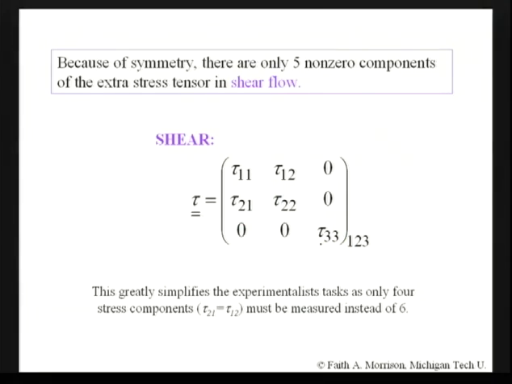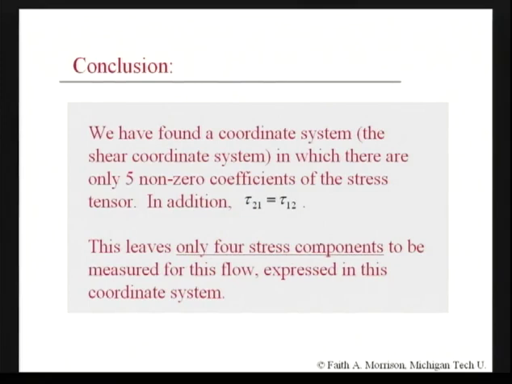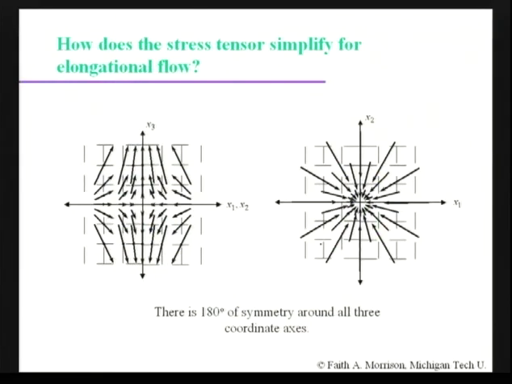Nice. If we do this same analysis for elongational flow, this flow has 3 axes of symmetry. I can rotate it 180 degrees, 180 degrees, 180 degrees, 3 ways. So that minus sign trick happens 3 times.